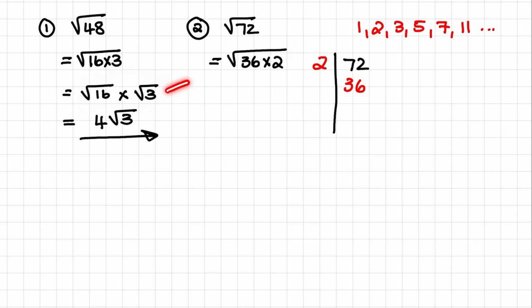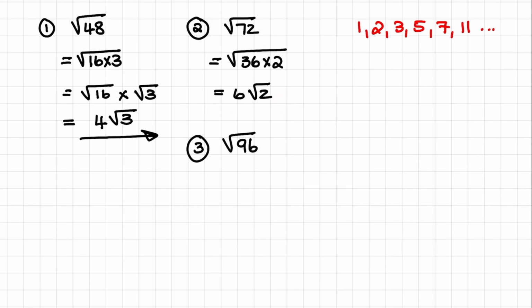We're going to skip this step and simply apply the square root to 36, which is equal to 6, and then apply the square root to 2, which is not a perfect square number. So therefore, the square root of 72 can be simplified to 6 times the square root of 2.